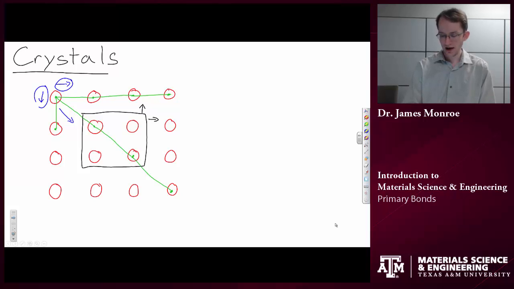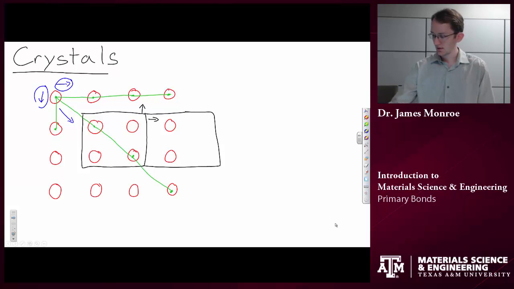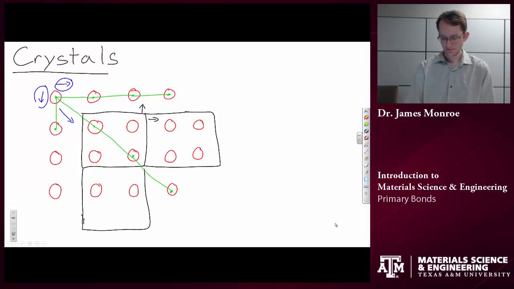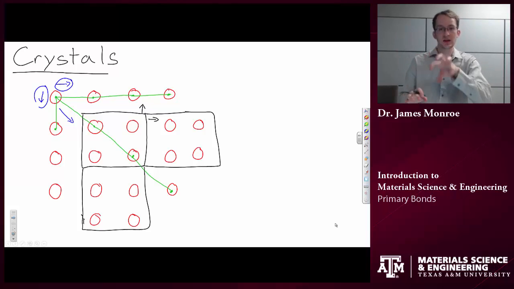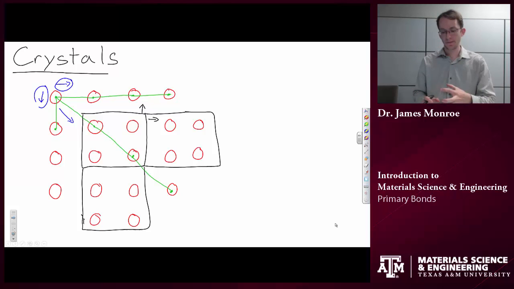So if I had the same thing and I repeated it over here, it would look something like this. And if I repeated this down here, it would look something like this. And so I can fill three-dimensional space with this subunit of atoms.